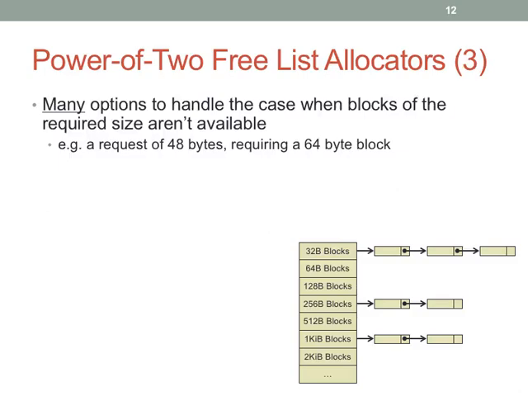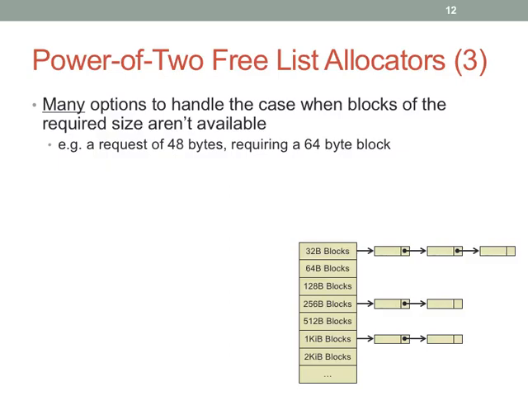Now, what happens when we have a request and there's no block of the available size? This is an upside of the power of 2 free list allocator. Okay? So like I say here, we have a request for 48 bytes. So we know 48 bytes is going to fit inside of a 64-byte block, even if we waste a word of it on remembering what free list the block was from. But we don't have any 64-byte blocks.